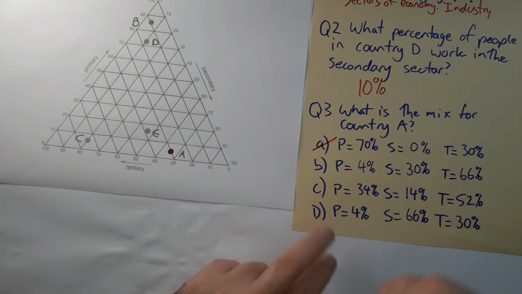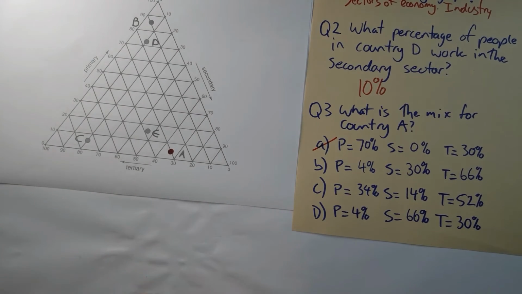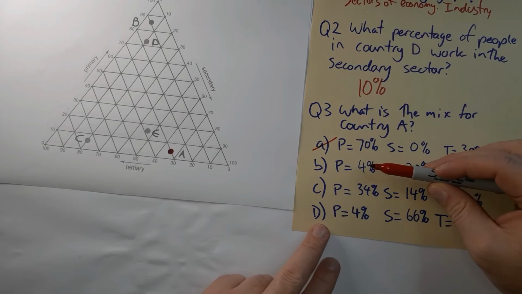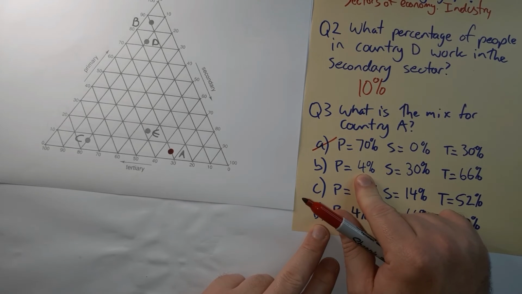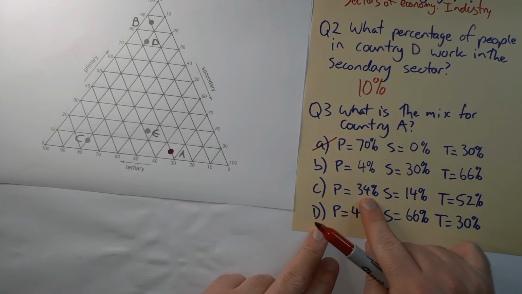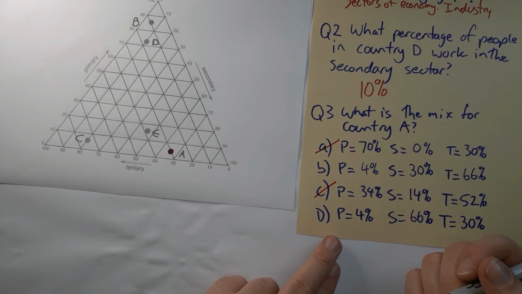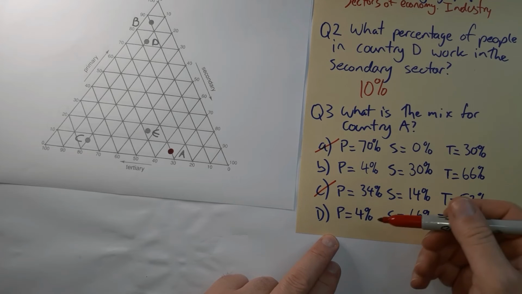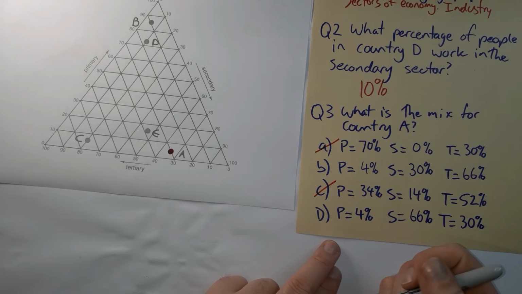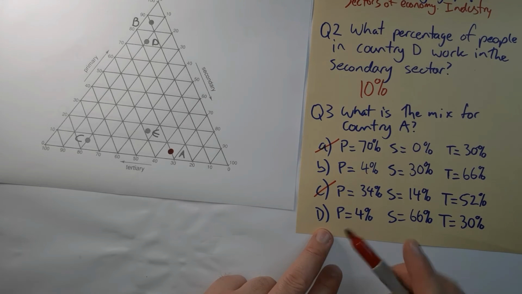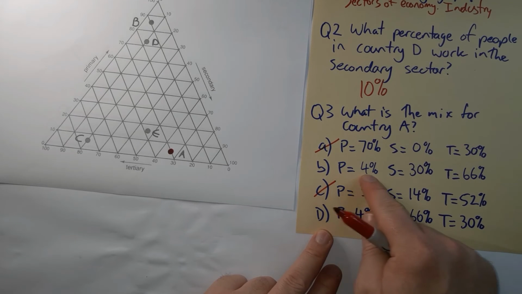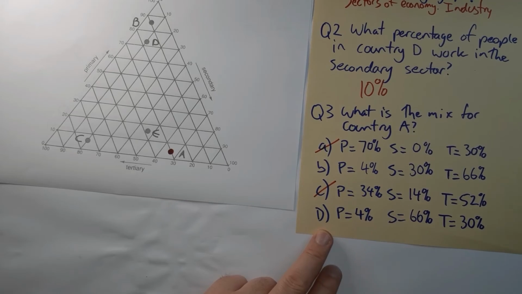So I'm going to cross out A straight away. I don't even need to measure all three sides at this point before I can start crossing out some of these. B has a value between 0 and 10, and C does not. It says 34. So I'm already going to cross out 2 of the options. I'm within a 50-50 chance of getting this right. D again has another option of between 0 and 10. So the primary sector has got to be worth 4%.